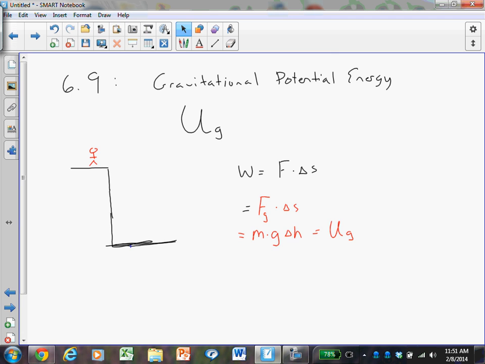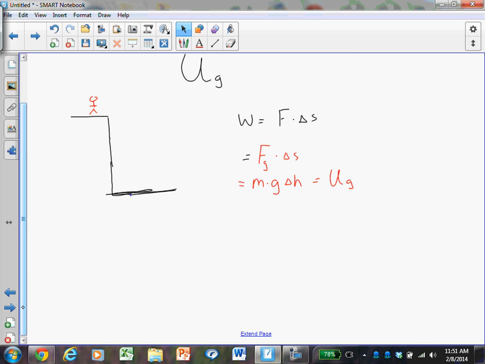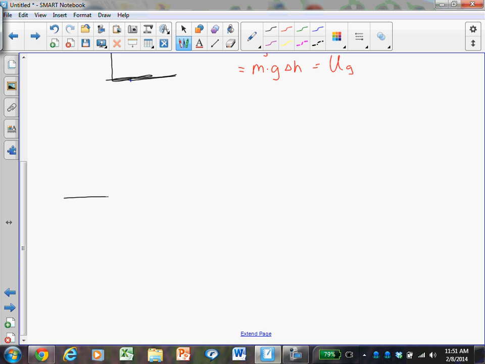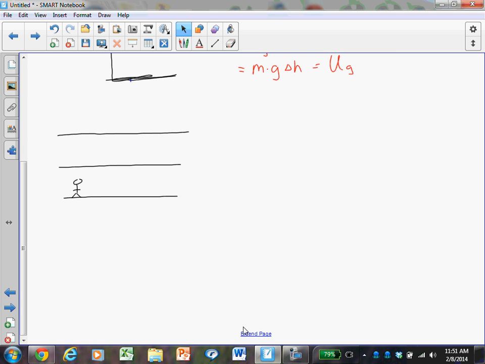So, for example, people in a bleacher level, like so. All these people may have different masses, but they all have the same potential level, a certain energy level that they're on.